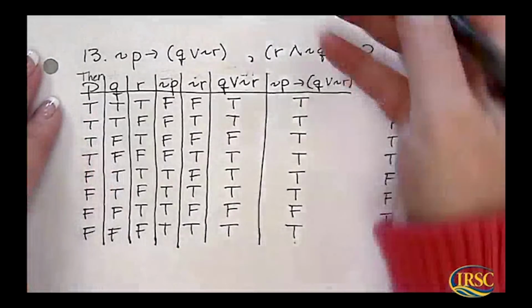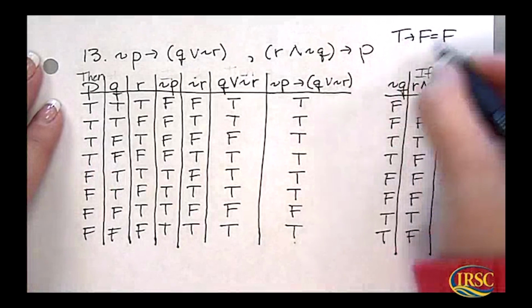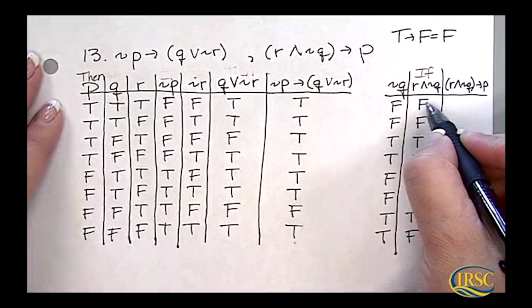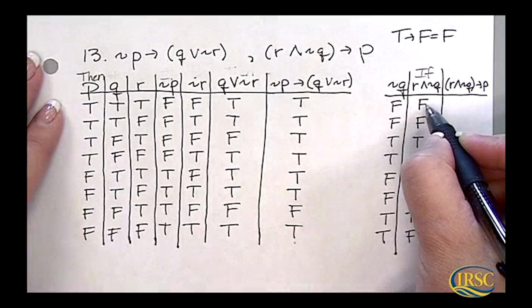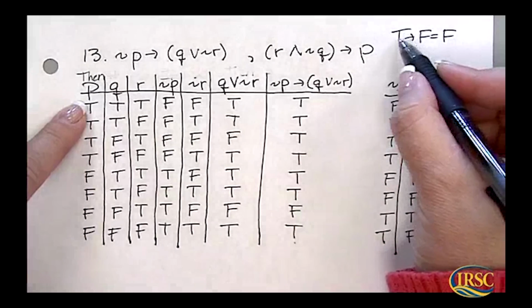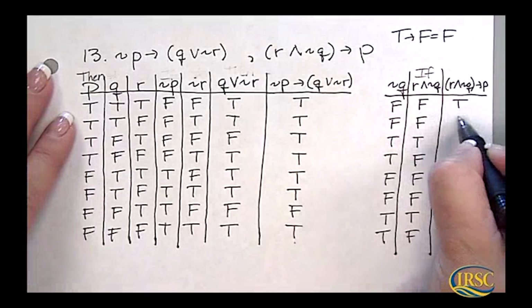And so again, the only time that an if-then is false is when you have if true, then false equals false. Okay, so if false, I already know that that is true. I don't even have to look over here because it's not an if true. Okay, so if false is true, if false is true.